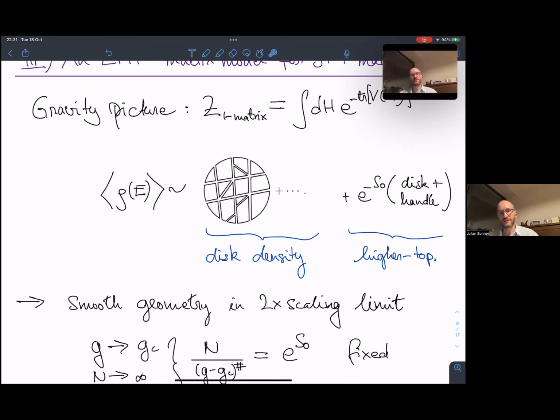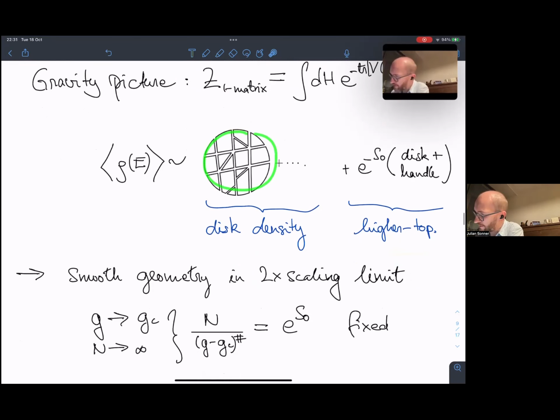And what you notice is that, at least at the level of topology, you can associate a two-dimensional space-time topology to this by just doing the usual 't Hooft counting. So we would start with the disk, the trivial topology, and we would add higher topologies, for example the disk with a handle and so on.